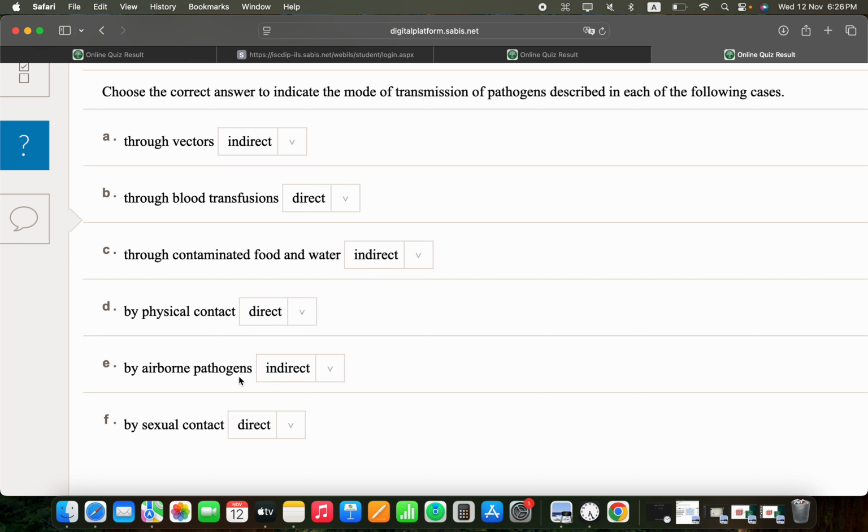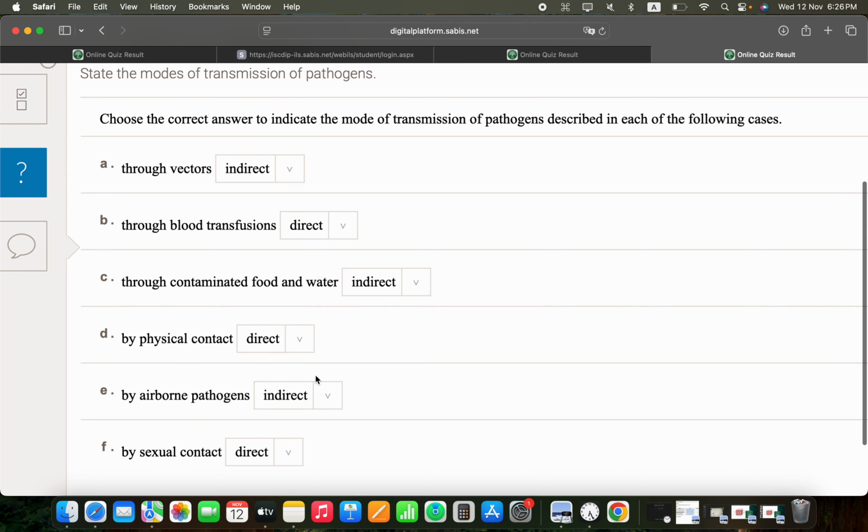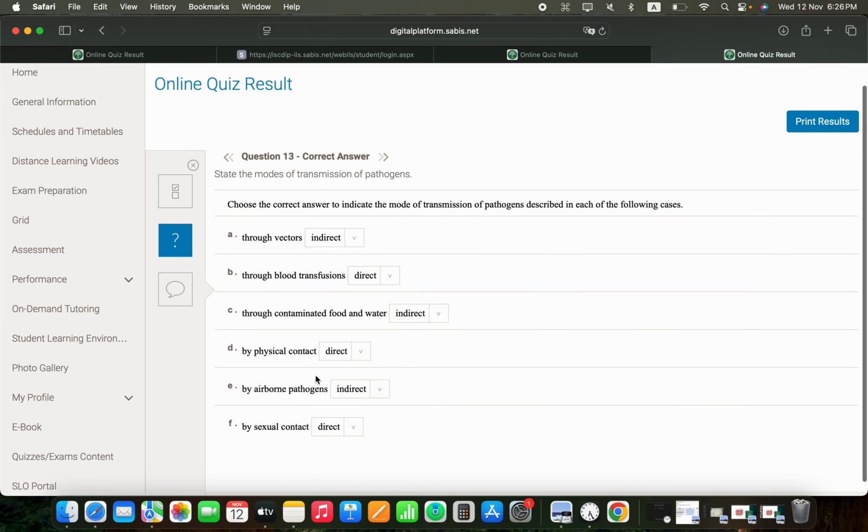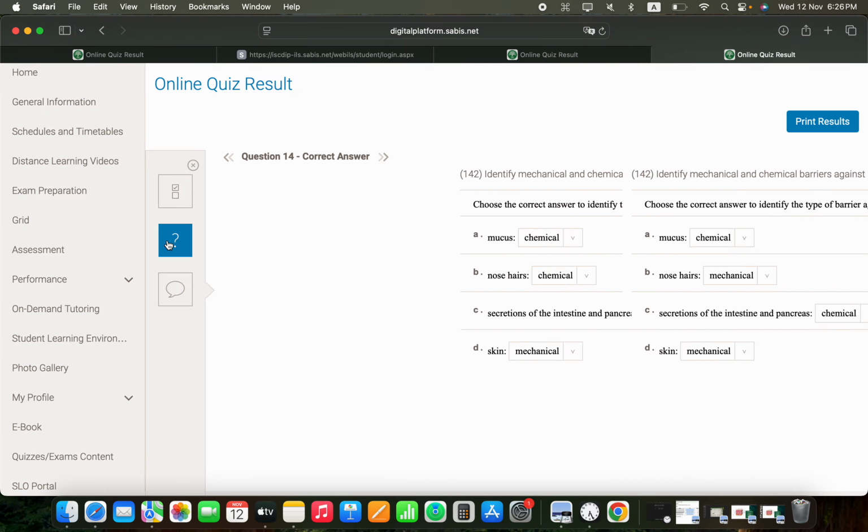By airborne pathogens, it's indirect. And by sexual contact, it's direct. So you have to memorize that too. For direct transmission, we have blood and physical contact. For indirect, we have vectors, contaminated food and water, and airborne pathogens.